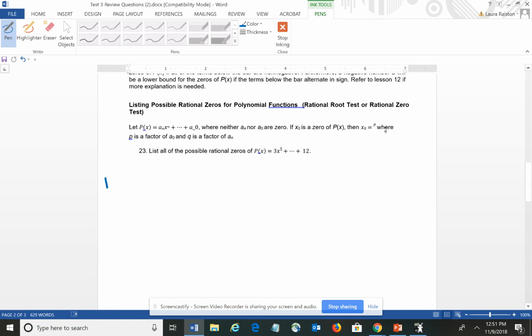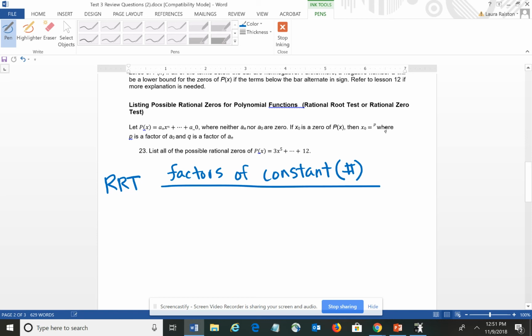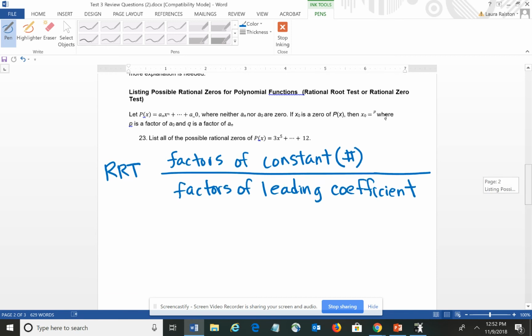And in that rational root test, we look at the relationship of the factors of the constant, which is basically just the number at the end of the polynomial, in relationship to the factors of that leading coefficient that we were using just a few minutes ago on the leading coefficient test. That's the number in front of the x with the highest exponent. And so it helps us to narrow that list.